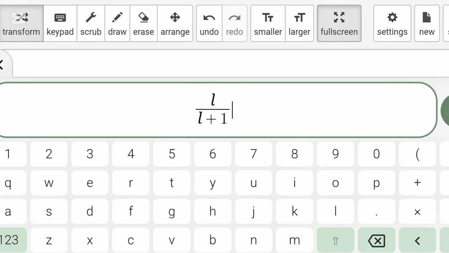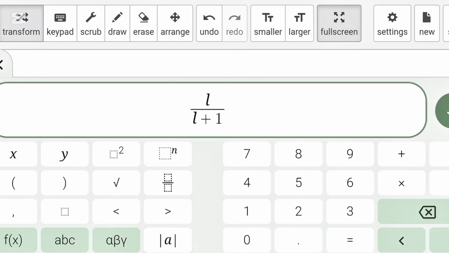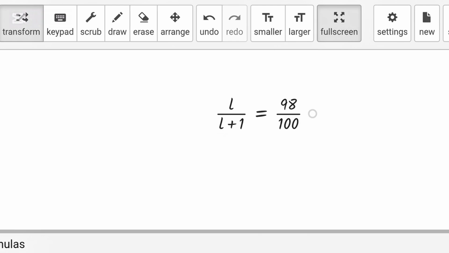This should be 98%, which I'll write as 98 over 100. If we solve this, we get the number of left-handed persons that make 98%. Initially they were 99, so it's easy to subtract.